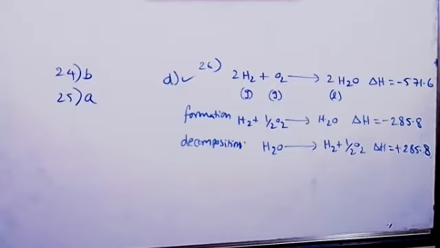Given enthalpy of combustion of C, CO and H2 are 393.5 kilojoules, 285 kilojoules, 285 kilojoules respectively, all at 298 Kelvin.